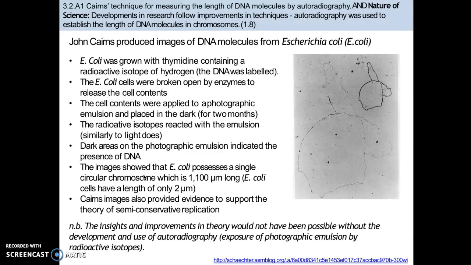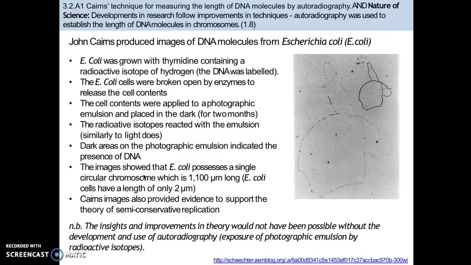All right, so A1 is really looking at the Cairns technique for measuring the length of DNA molecules via autoradiography. Basically, John Cairns produced an image of the DNA molecules from E. coli. What he did is he grew E. coli in a thymine solution that had a radioactive isotope of hydrogen. So you have these radioactive thymines.